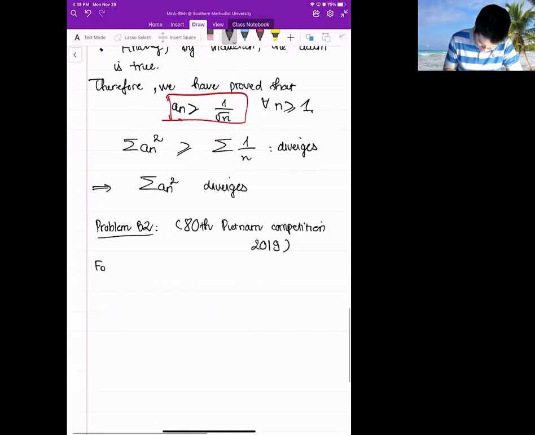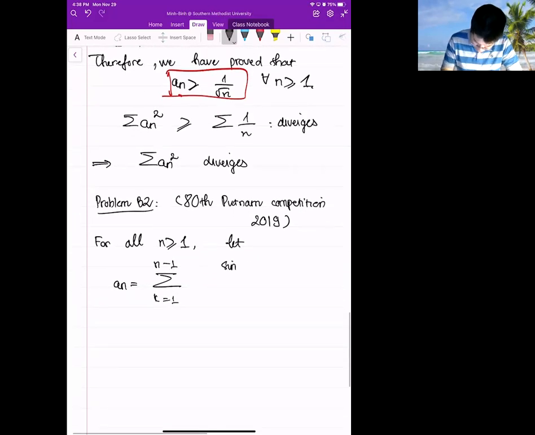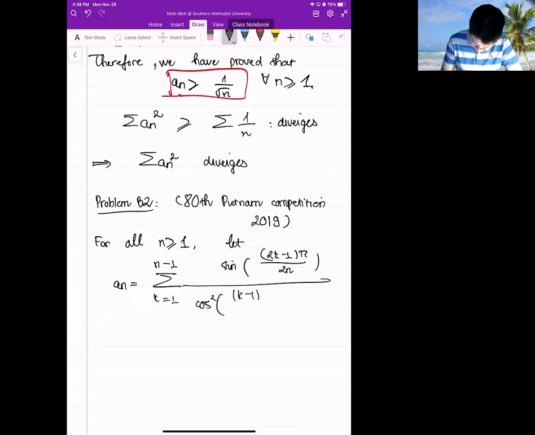For n greater than 0, let a_n be the sum, when k goes from 1 to n minus 1, of sine of (2k minus 1) pi over 2n, divided by cosine squared of (k minus 1) pi over 2n and cosine squared of k pi over 2n.